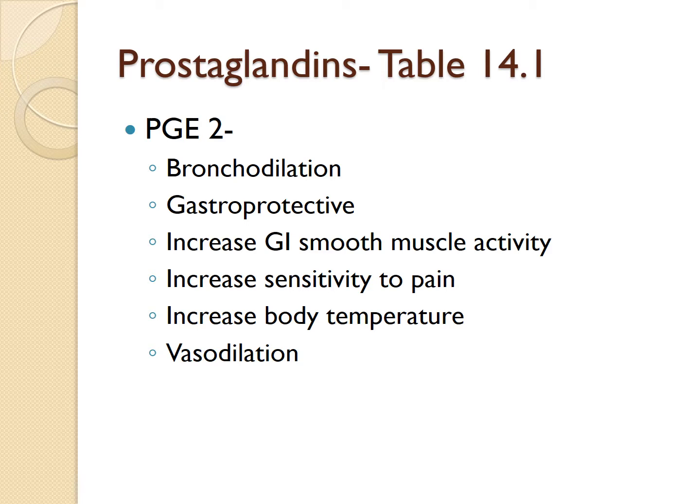They're gastroprotective. They increase the GI smooth muscle activity. They increase the sensitivity to pain, increase body temperature, and cause vasodilation. Whereas you have some others of those prostaglandins that might cause vasoconstriction.